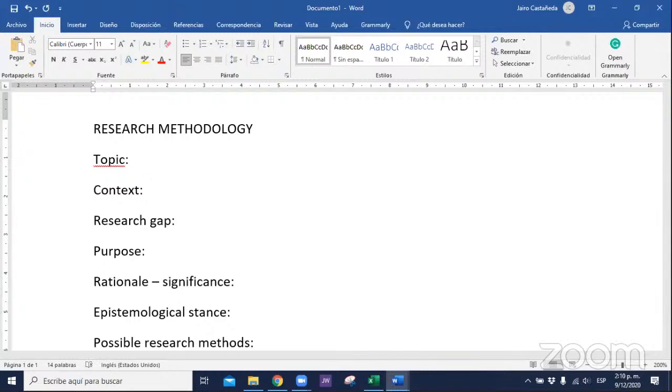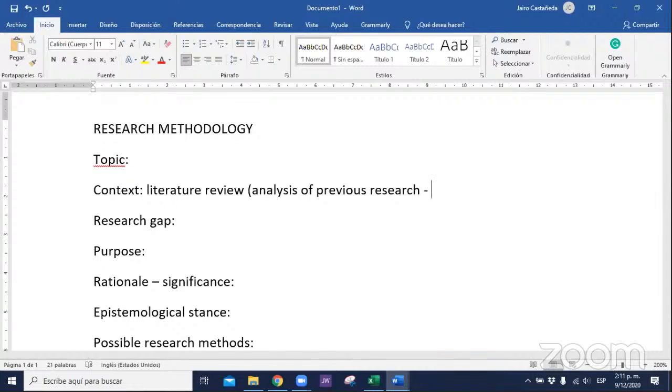The first one could be through a literature review, right? So in the literature review, the analysis of previous research, we can determine what kind of context we want to work with.